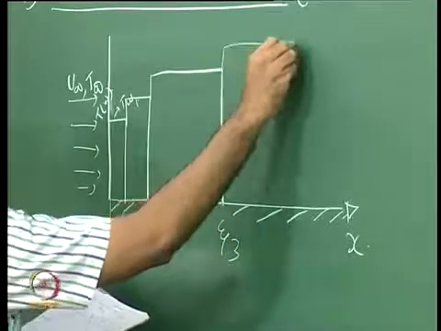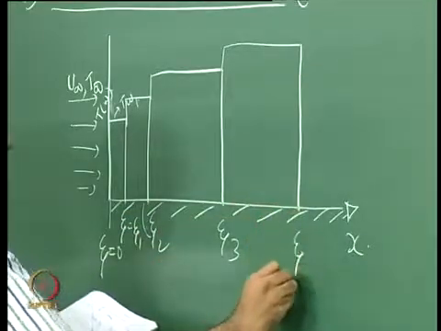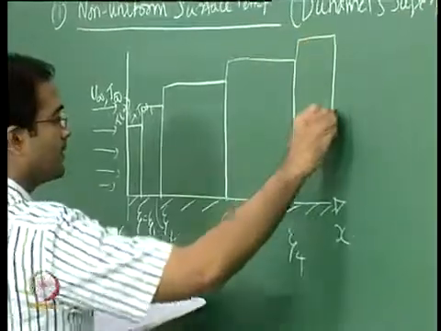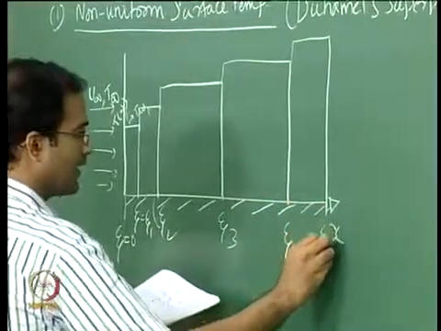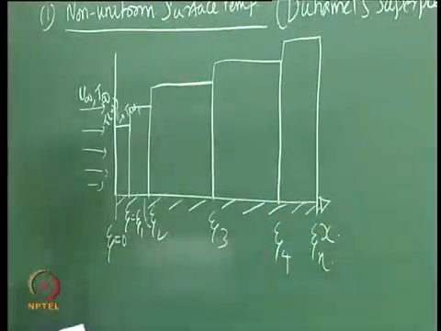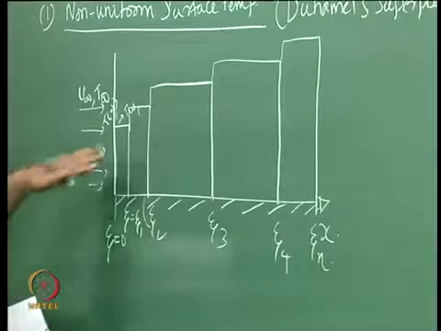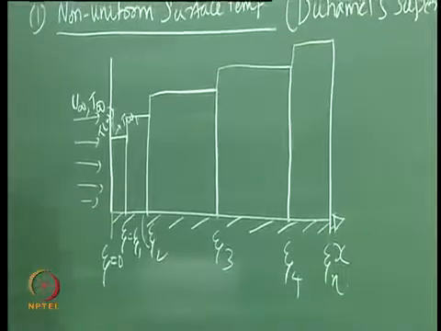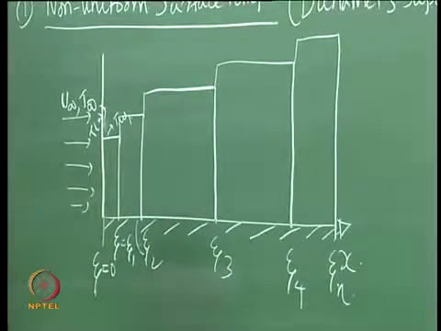So like that you can go up to some value of finally zeta n. Alright, so this is how your surface temperature is now plotted as a piecewise constant which is increasing.